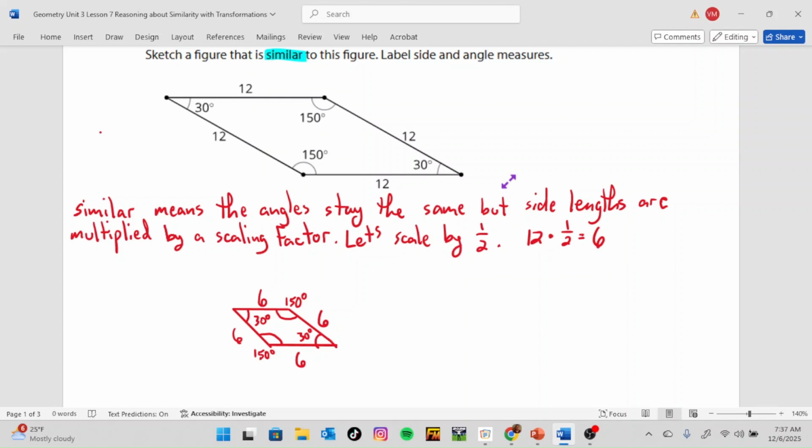You could choose any scaling factor you want, as long as you multiply every side length by that same scaling factor and you make sure you leave the angles the same, because that is what makes it similar. Same angles, the side lengths multiplied by a scaling factor. I hope this helps you make sense of things, but if you do still have any questions, feel free to leave a comment below.